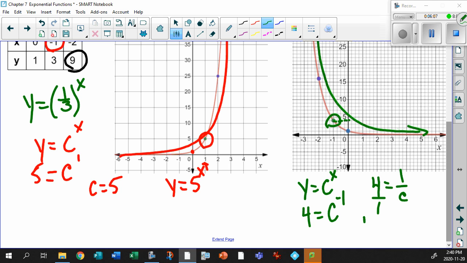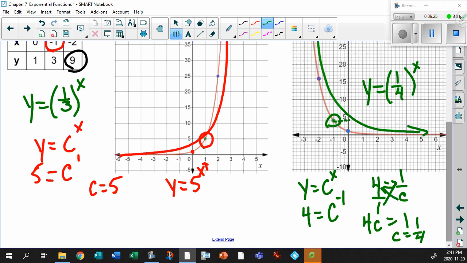Cross multiply, 4c equals 1. Divide by 4, c equals 1/4. This particular graph is y equals (1/4) to the power of x.